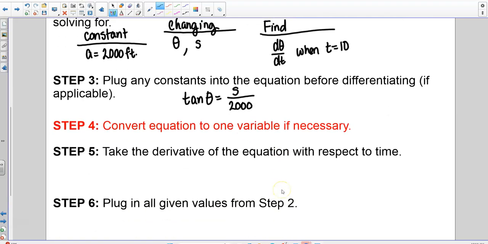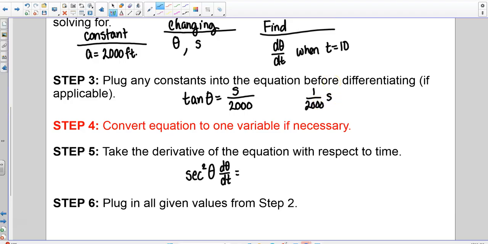We can go ahead and take the derivative here. So if we take the derivative, what is our derivative of tangent? Secant squared. So we're going to have secant squared theta. What do I need with that? d theta dt is going to equal S over 2,000, which is really just 1 over 2,000 times S, right?